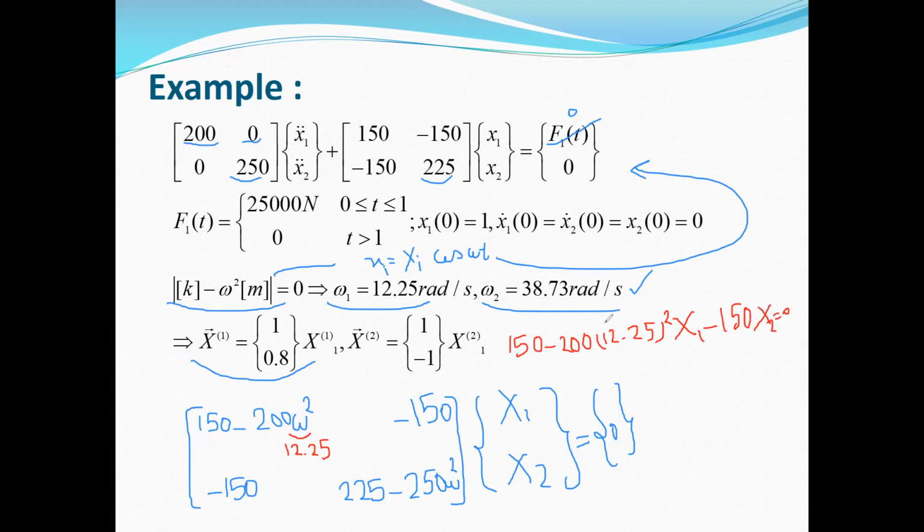And if you simplify this, you can find out that x2 is equal to 0.8 multiplied by x1.